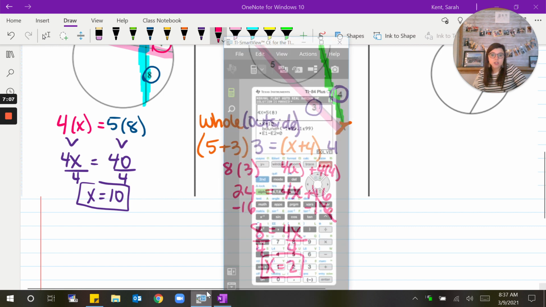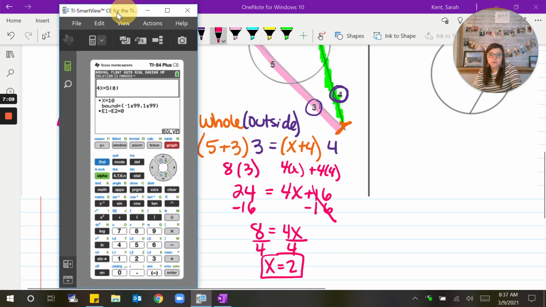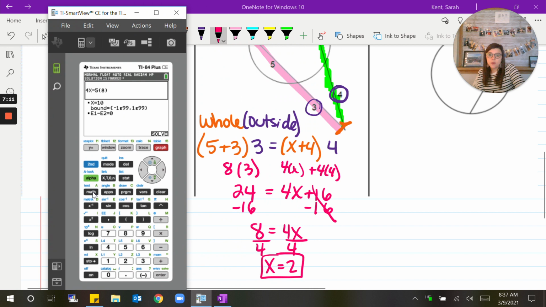So again, I can check this in the numeric solver. So I'm going to go math up, enter, clear out this first one, and I'll type parentheses 5 plus 3 parentheses 3 on the outside. And in E2, I'm going to have parentheses x plus 4 parentheses and 4 on the outside.